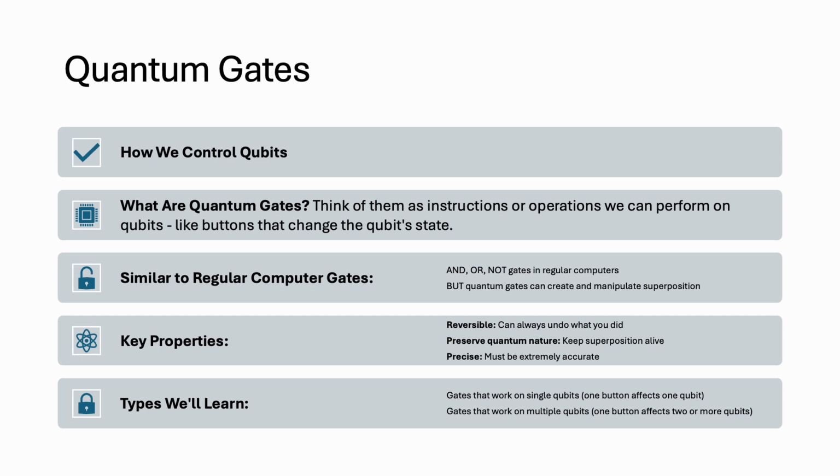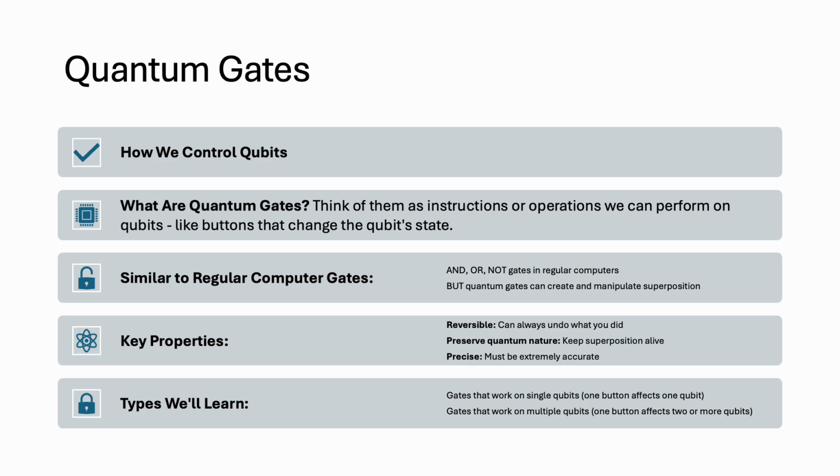Quantum gates have some special properties that classical gates don't have. First, they are reversible. For every quantum gate, there is another gate that undoes its operation. This is fundamentally different from classical logic, where gates like AND as well as OR destroy information and can't be reversed.